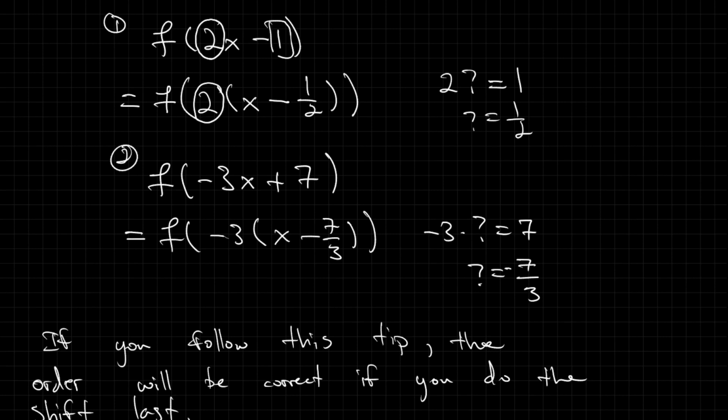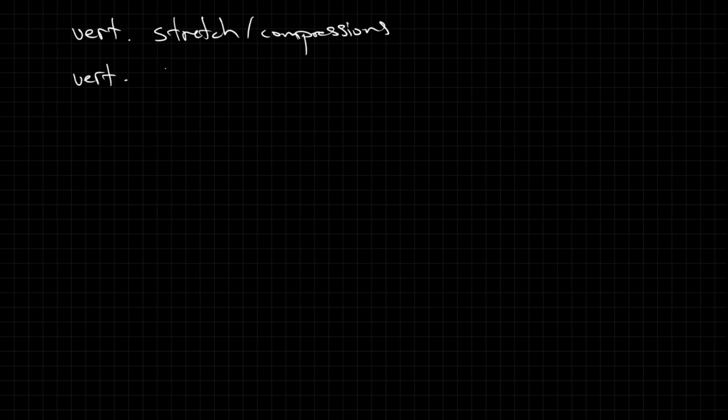So for example, if you were doing a problem and you followed this tip, then you could do something like all the vertical stretches, compressions. Then you could do vertical reflections, and then vertical shift.